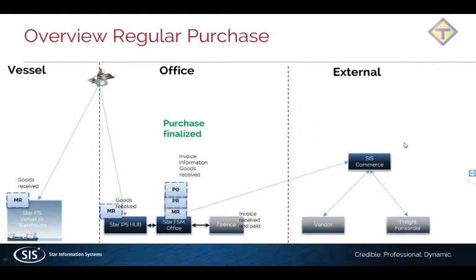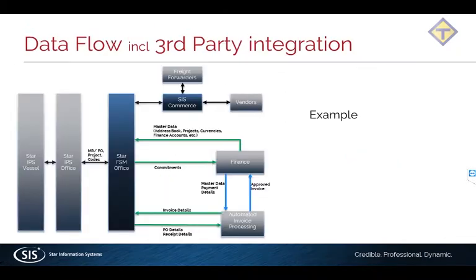Easy to understand. Yes, in the future, if you decide to implement integration, we are able to do that. We have some companies that have integration directly with FSM, where as soon as we place an order in FSM, we send all these commitments to the financial system.